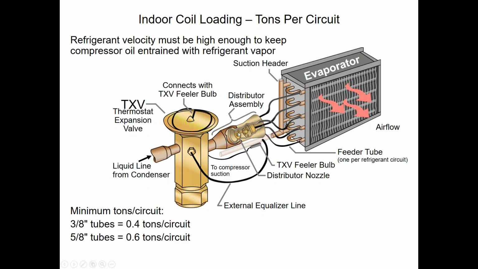So we're taking that spray through the nozzle, so we hit the center of the distributor, and you can see how if we centered that spray and we hit this, we get even distribution into each one of our distributor tubes. That's what the nozzle is all about. It's kind of like a pre-metering device, if you will, prior to the distributor. So we want to make sure that spray goes into the distributor evenly, so each and every tube is getting equal amounts of refrigerant. So that's what that's all about.